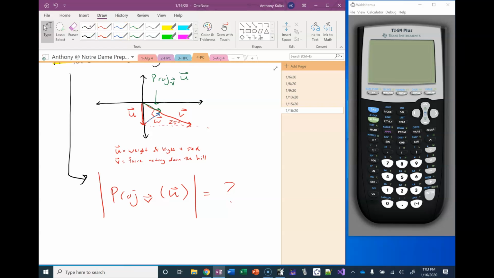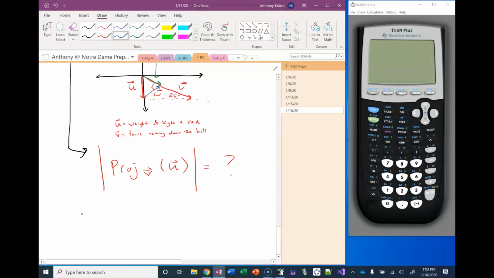So in order to calculate the projection of u onto v, I need to know the value for vector u and the value for vector v, right? Everybody agree with that? So for vector u, this is quite easy. Look at where vector u is at. Does vector u have an x component? It's just 0, right? Because it's on the y-axis.